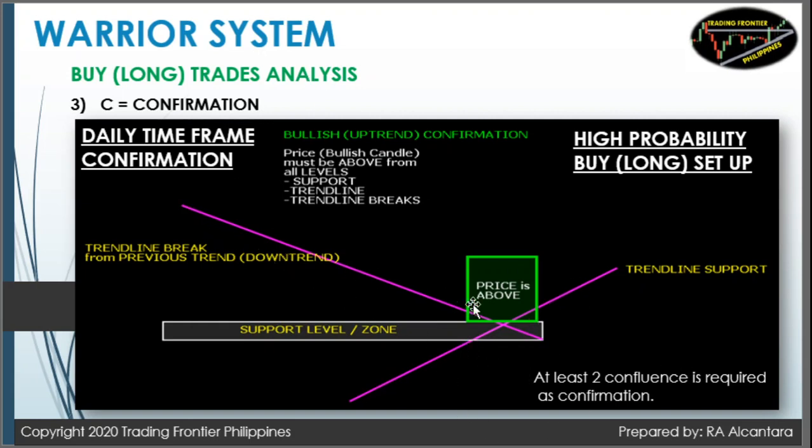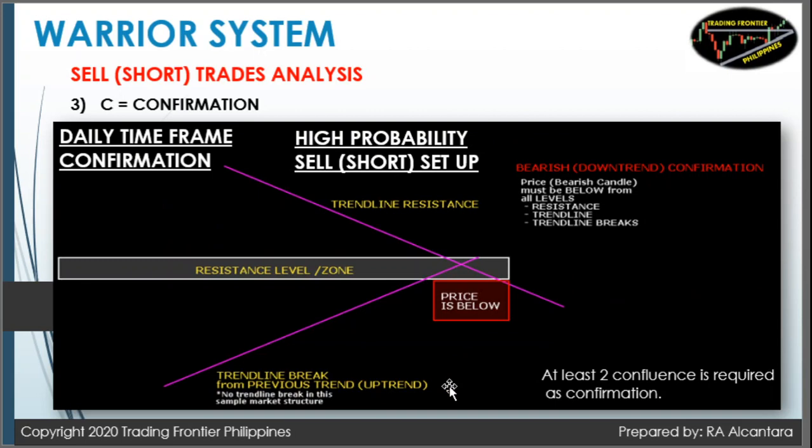Sometimes kasi wala namang counter trend line na nabuo. Meron lang horizontal and upper trend line. So, contrary to what? A sell or short trade setup: counter trend line from a bullish channel and dynamic resistance from a downward trend line and a resistance level or zone.